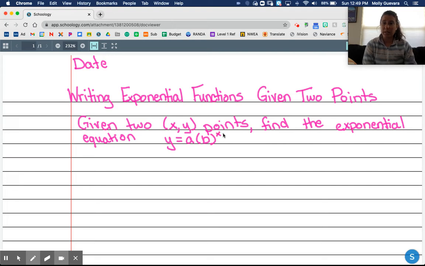Remember that x always has to be up in the exponent. So we're going to write down the steps on how we solve these, and then we'll do our examples.